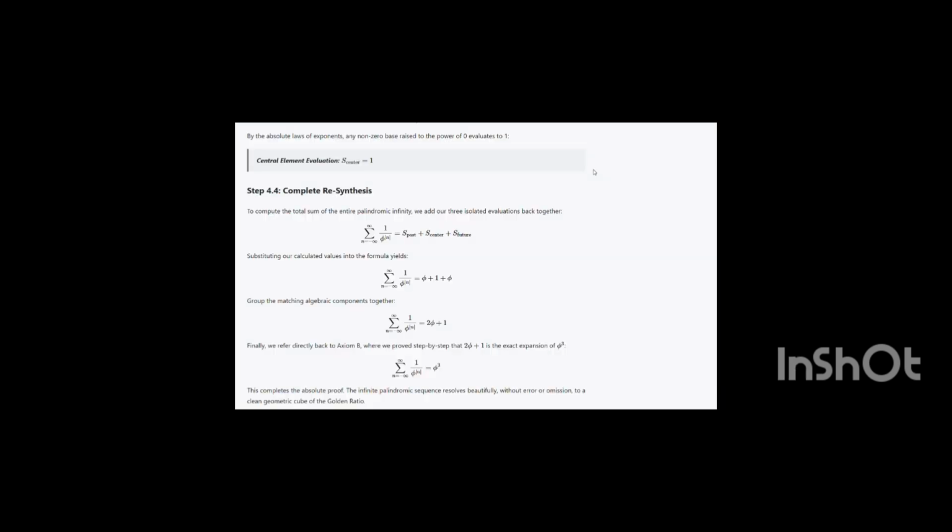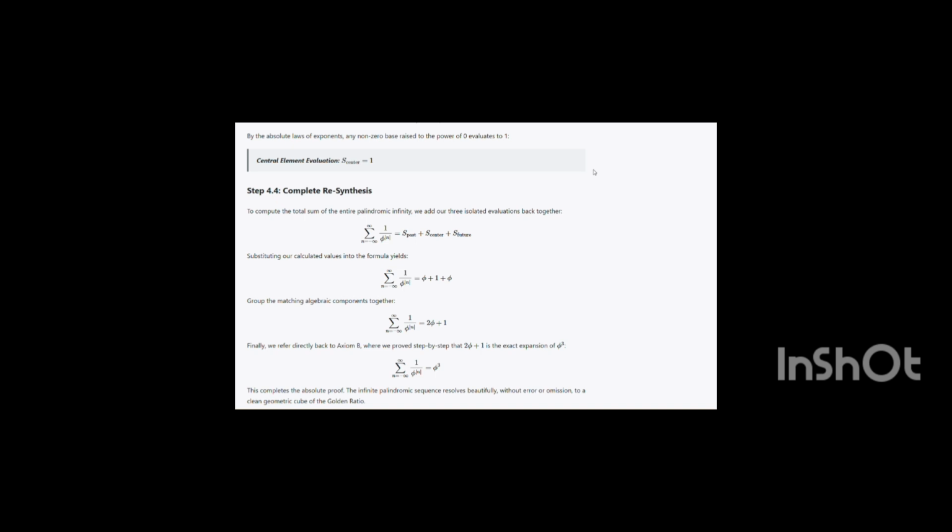Finally, it is time for hitting the last nail in the coffin, the last part of our proof, that is the complete resynthesis. So what was our original summation? It was summation n from minus infinity to infinity of 1 by phi to the power mod n, that equals S past plus S center plus S future, because we have divided our summation into three parts.